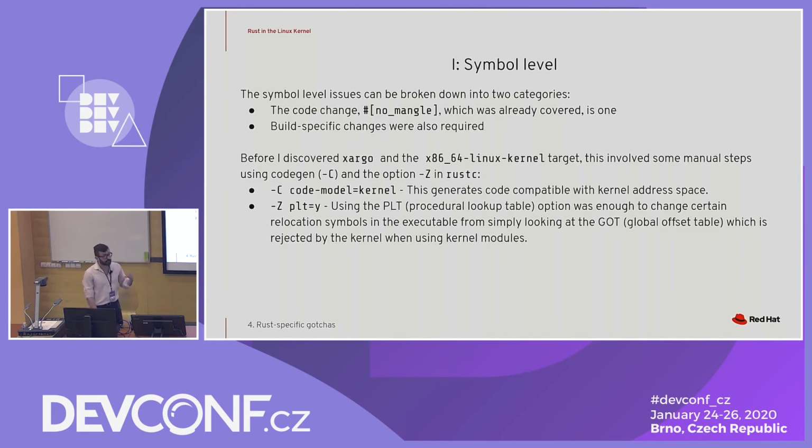For example, if you're doing this all manually, then you will have to make sure that your code is compiled with some flags, for example, to put it in kernel address space and basically use the procedural linkage table instead of the global offset table because of the nature of the kernel address space.